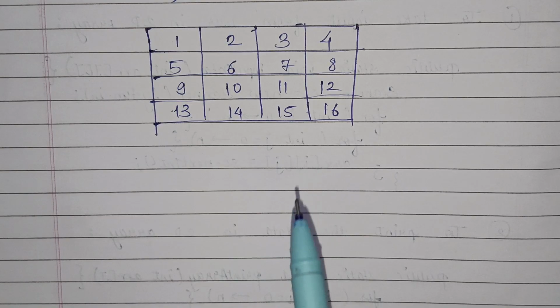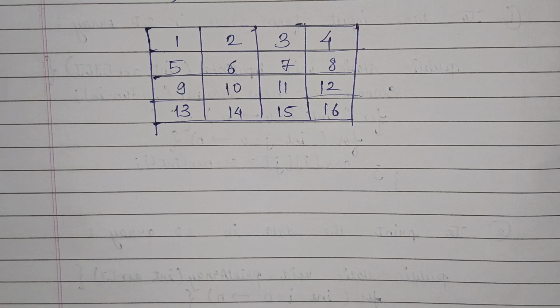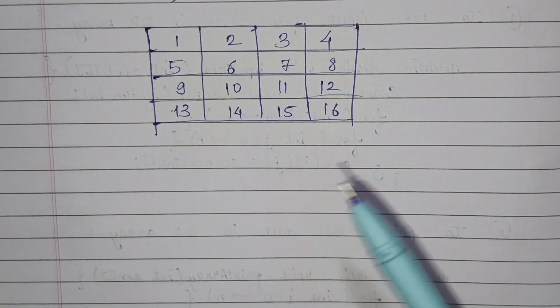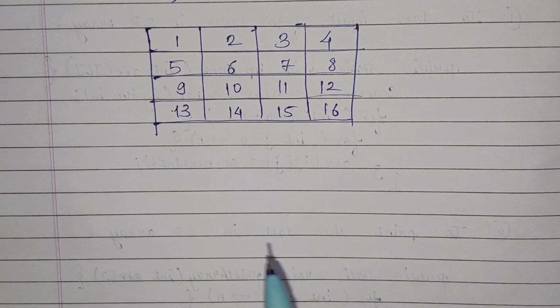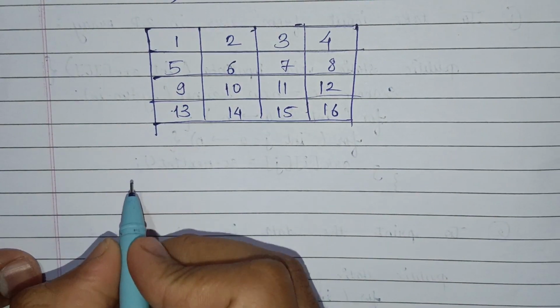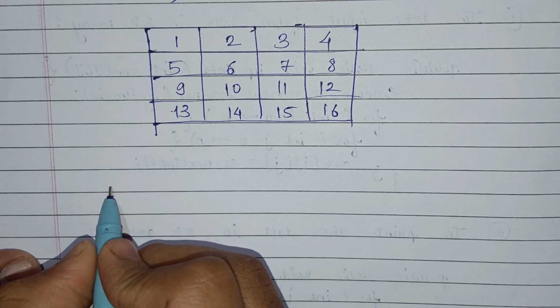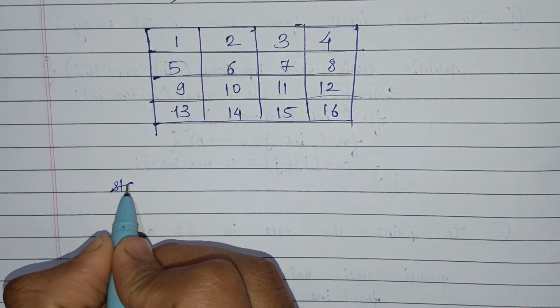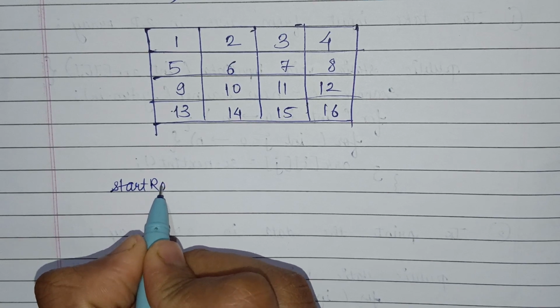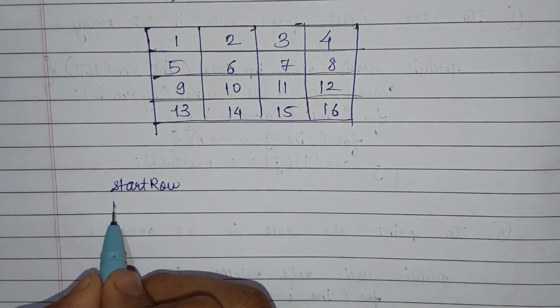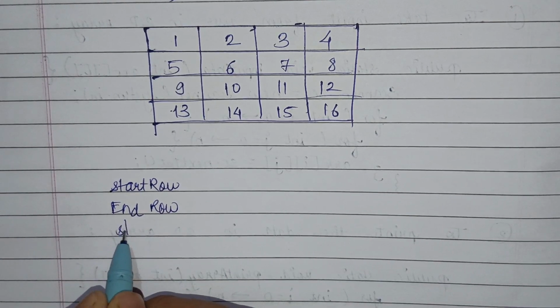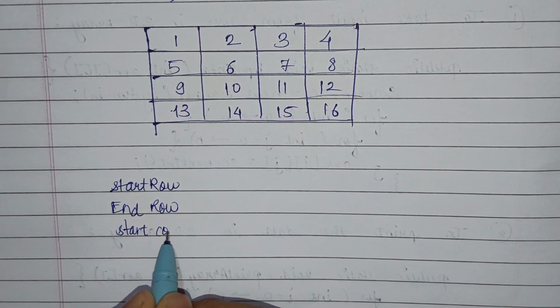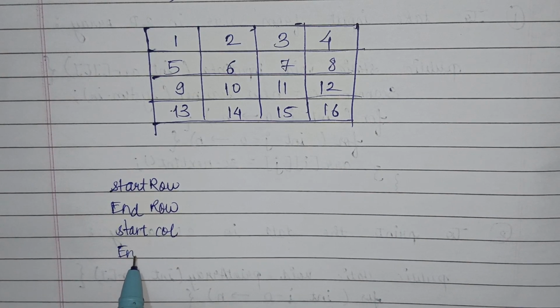Okay, I have created the matrix again. To track the borders of the matrix we can use variables. The variables will be start row, ending row, starting column and ending column.